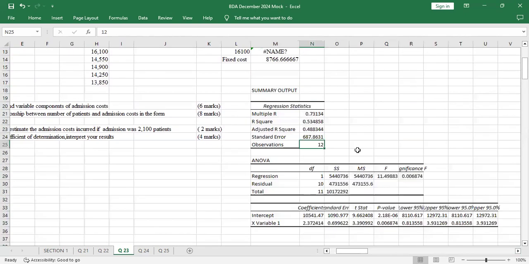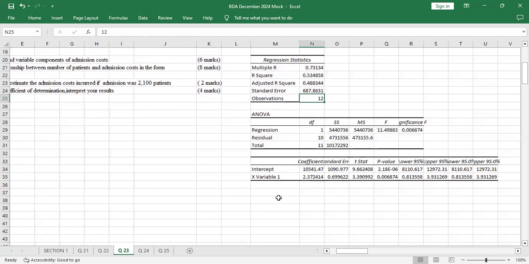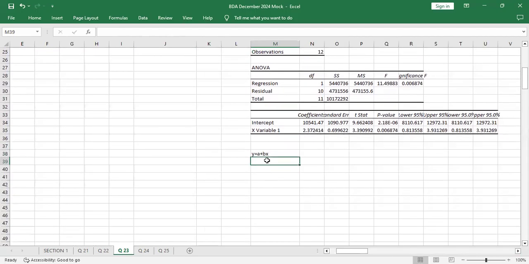So having this now, we can answer the question in the form of y is equal to a plus bx, because that's what they were asking. So y is equal to a plus bx. A in this case, you have to know how to interpret the ANOVA table.